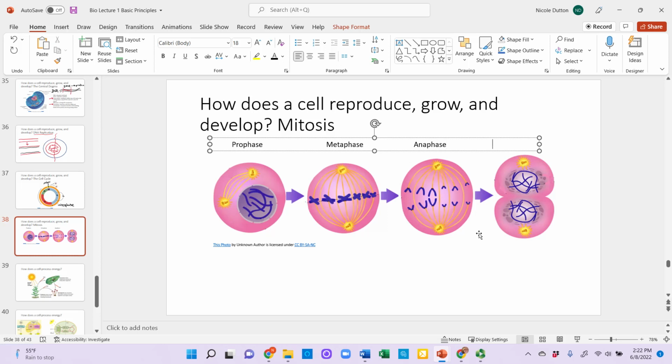The last phase of mitosis is telophase. And in telophase, that's when we have new nuclear envelopes form around the separated piles of chromosomes. So new nuclear envelopes form. Now, if you can see this, these cells are still attached to each other. So mitosis just divides the nucleus into two equal nuclei, and it starts to pinch together and separate the cells a little bit.